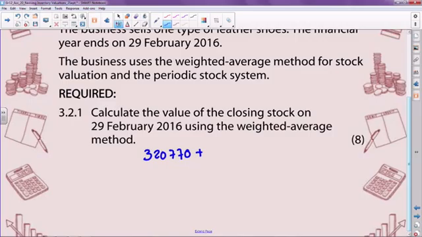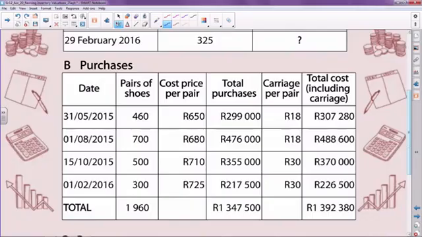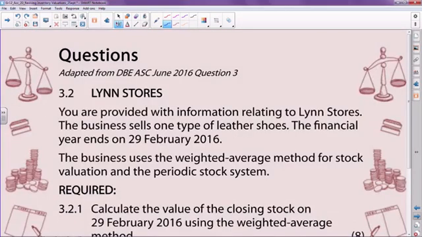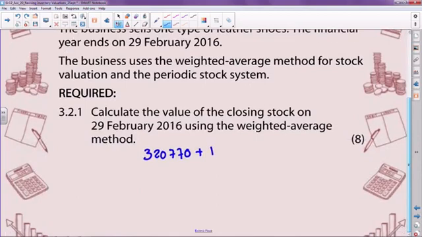Remember, weighted average, you add all your purchases, right? My purchases figure would be, they're telling you the total including carriage, 1,392,380. So 1,392,380, right? So you've got your opening stock, you've added your purchases to it.